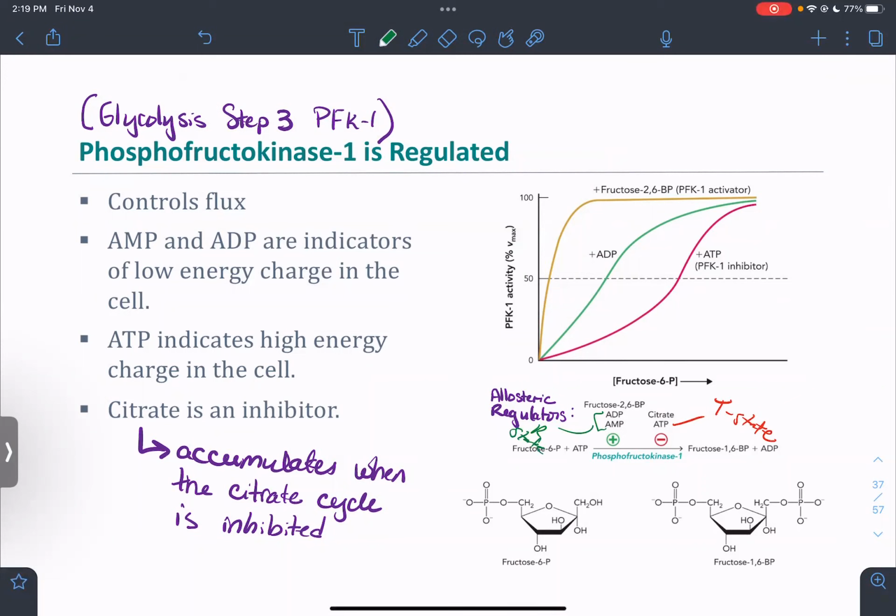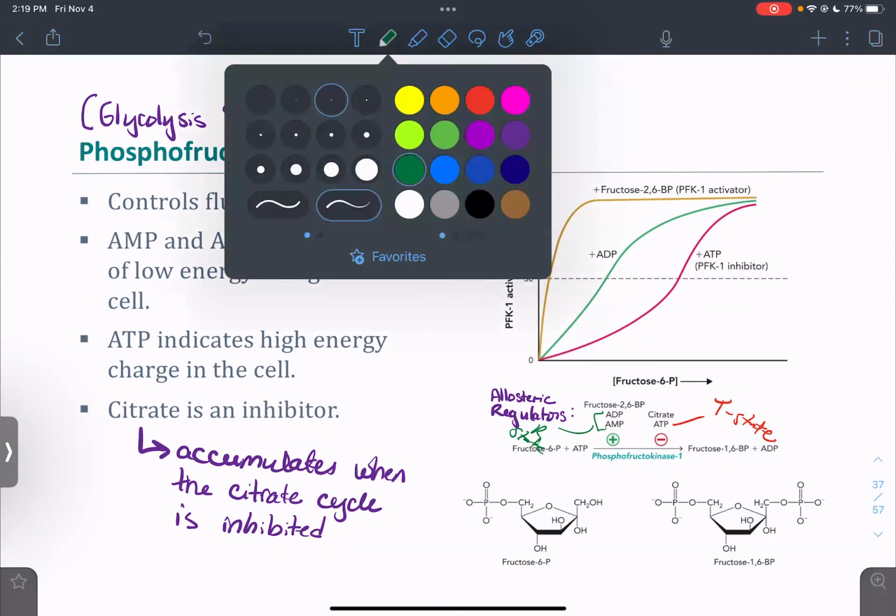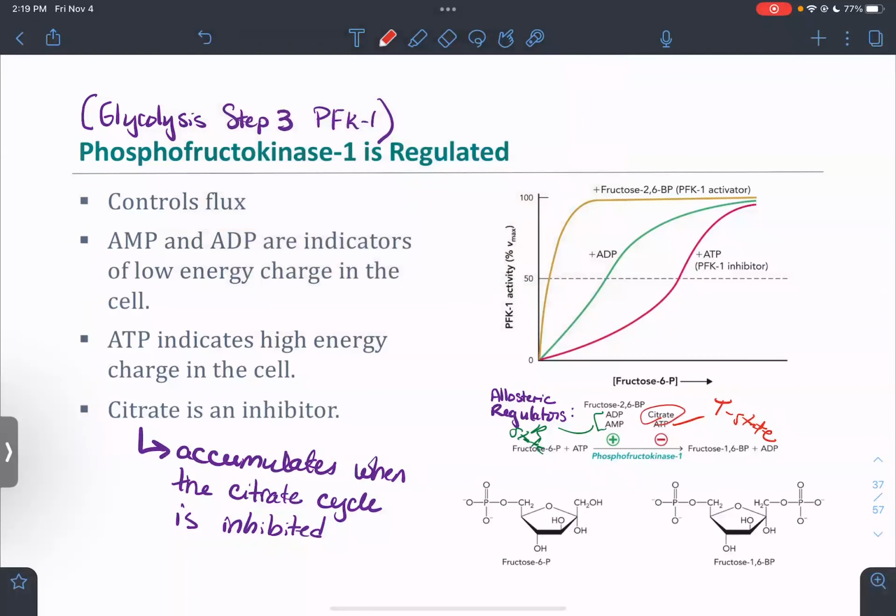And so it's just talking about activity of the enzyme. So we talked about those. Citrate. Citrate is another inhibitor of PFK1. So you've got to stop and think about this one. Citrate is made in the citrate cycle. It's actually the first product of the citrate cycle, which is why I like calling it the citrate cycle and not TCA and all that kind of other stuff.